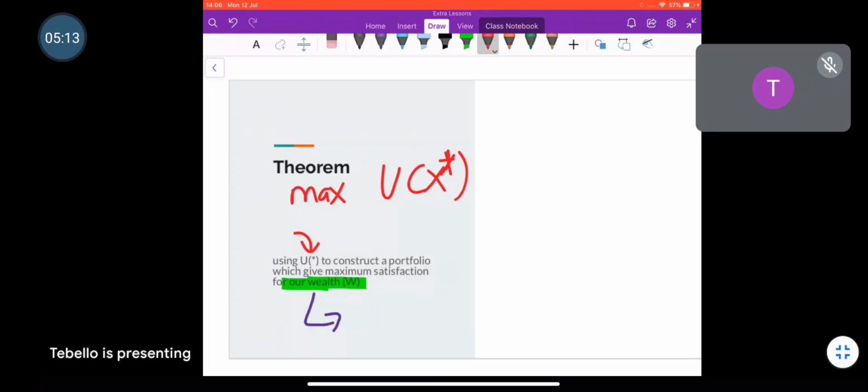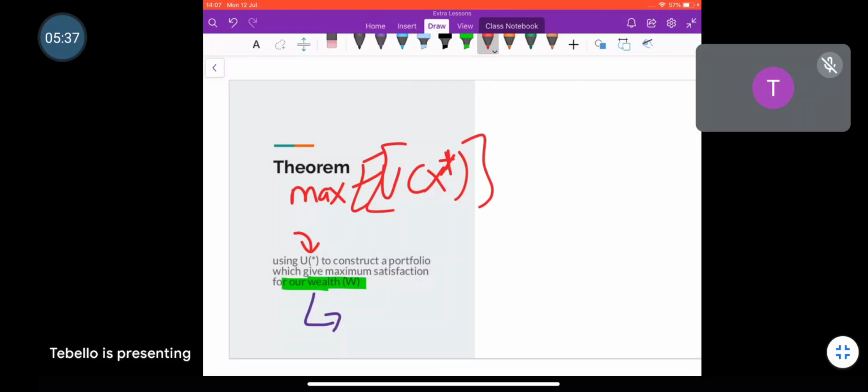Again, the future prices or state payouts are not known. Therefore, you are not trying to maximize only utility; you are actually trying to maximize your expected utility.